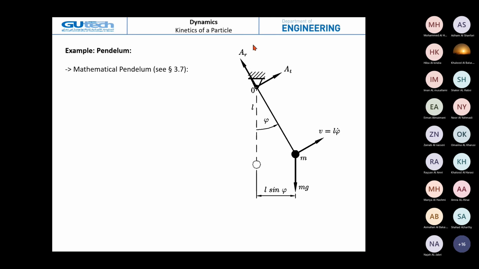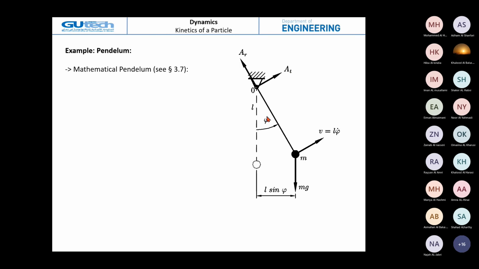It is fixed at this fixed point, which can rotate about the point O. And here we see the reaction of this hinge. We have a radial component and a circumferential one, which I note by e_t, or you can also note it by e_phi.